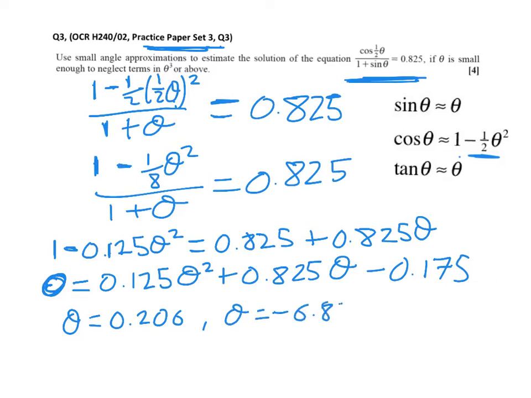Well, what do we think? We've got to disregard one of these, negative 6.81. That's way too big to be dealing with in small angle approximation. So I don't want this one. It's too big, isn't it? So we just have this solution here in this instance.